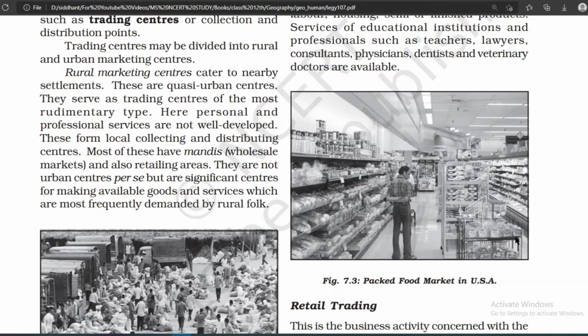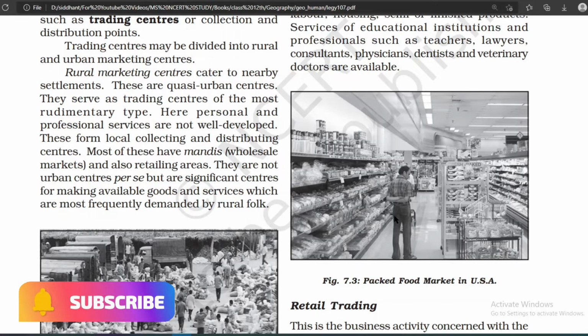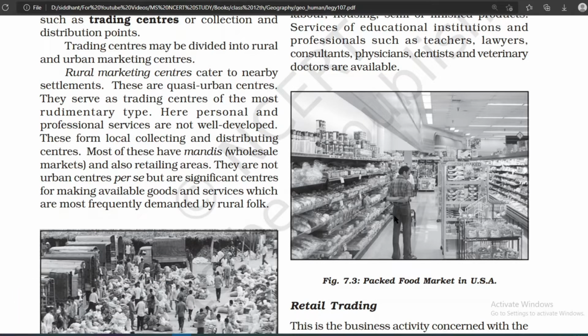These form local collecting and distributing centers, most of these having mandis, wholesale markets and also retailing areas. They are not urban centers per se but are significant centers for making available goods and services which are most frequently demanded by rural folk.